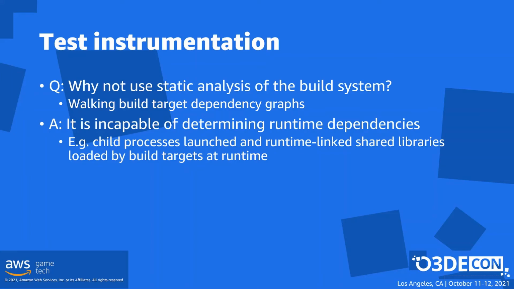For example, if that test target or any dependent build targets launch any child processes or link to any shared libraries at runtime, static analysis of the build system will be incapable of enumerating those dependencies and thus inferring the coverage from those dependencies.